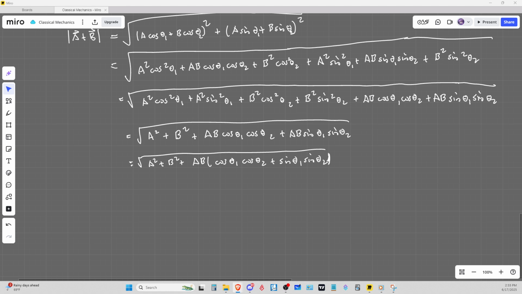Show the one with sine, but where's the one with cosine? Oh, here it is. So cosine in this case.